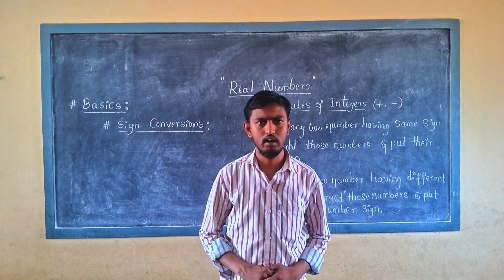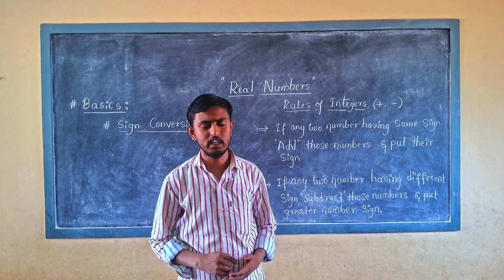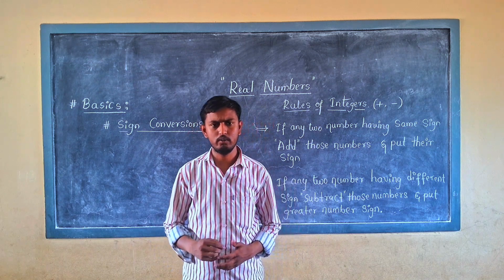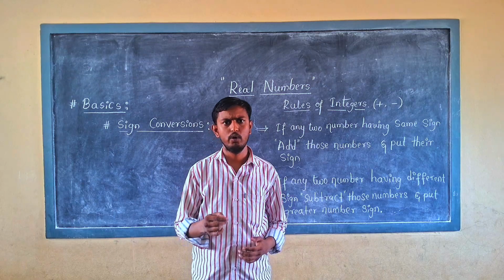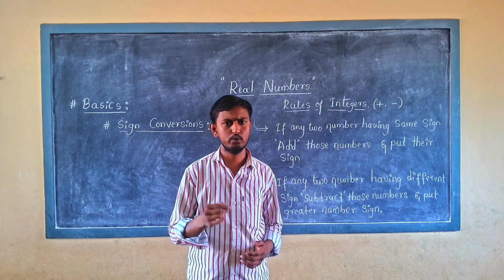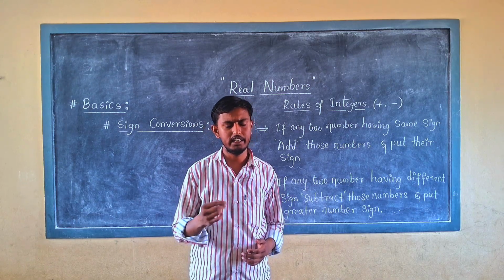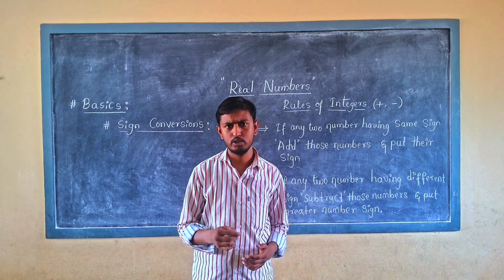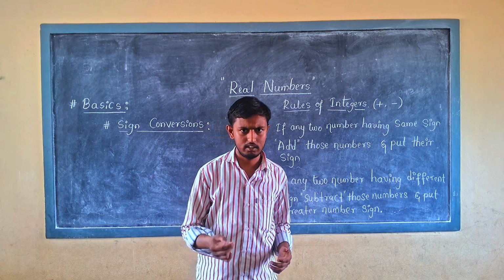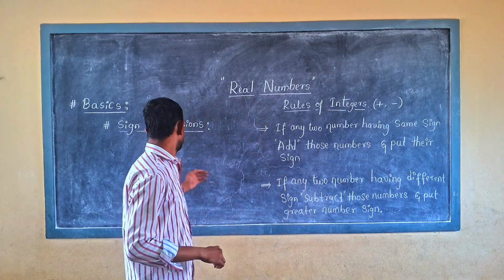The next basic thing is sign conversion, how it converts from right to left and so on, and also what integers are and how to calculate integer addition, subtraction, and multiplication. Those things we can learn here.